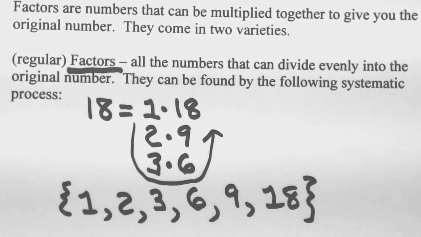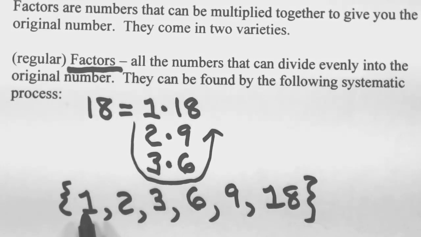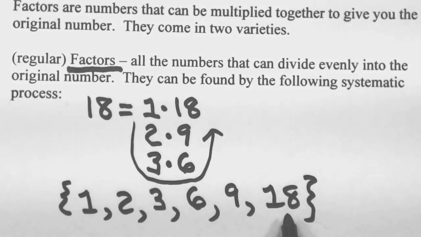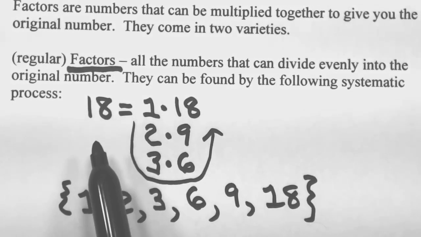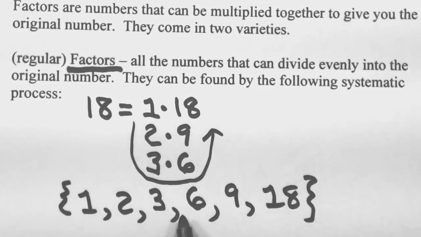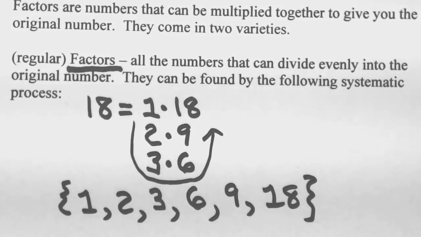So what do we end up with here? The number 18 has a total of 1, 2, 3, 4, 5, 6 different factors. These are the only numbers that will divide evenly into 18, and factors like this we'll be using later on in some of the future calculations we'll be making in algebra.